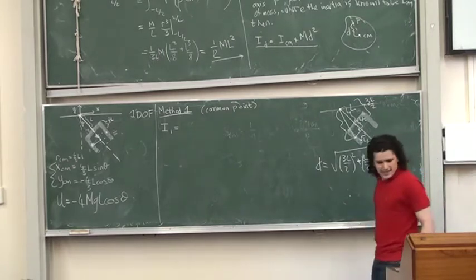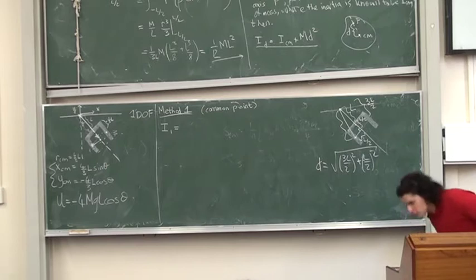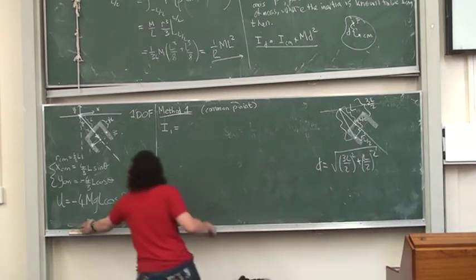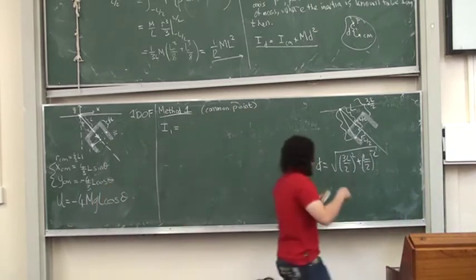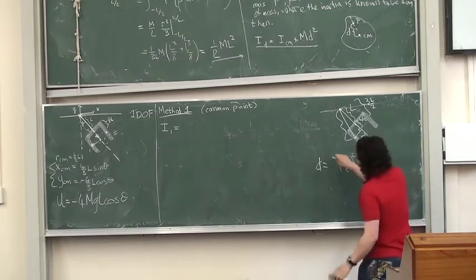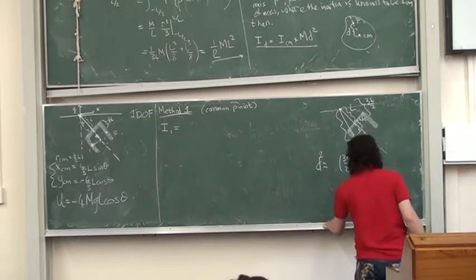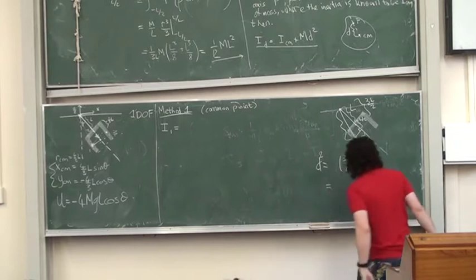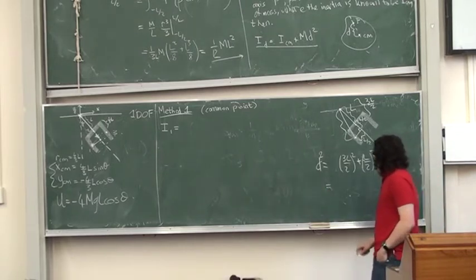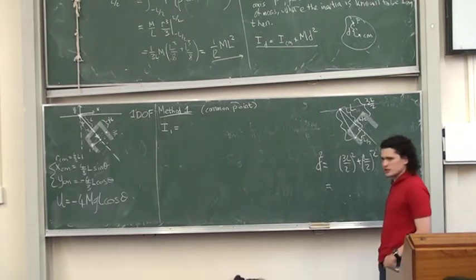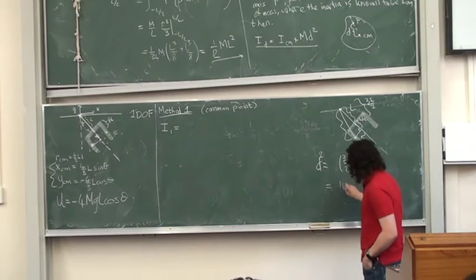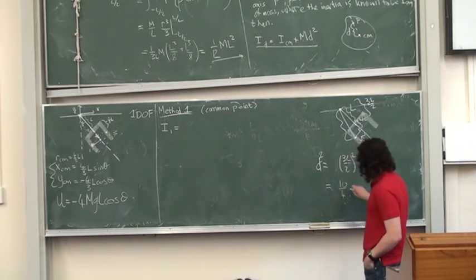Right, so that's D. In fact, let's not even bother square rooting D because we're going to need D squared, aren't we? We're going to need D squared when we use the parallel translation of axis theorem. So let's just work out D squared without square rooting anything. This is equal to 9 over 4 plus 1 over 4, which is 10 over 4 L squared.